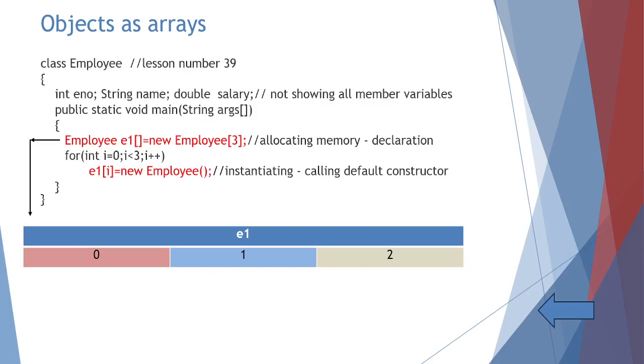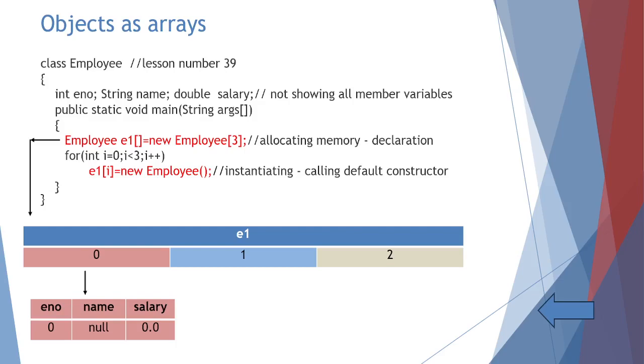Because there are 3 or 30, we say e of i, that is first time 0. Then e of i would be 1 because of i plus plus. Then again i plus plus, e of i is 2. So every time inside the for loop, e of i is equivalent to new employee. Immediately it reserves space for an employee object.